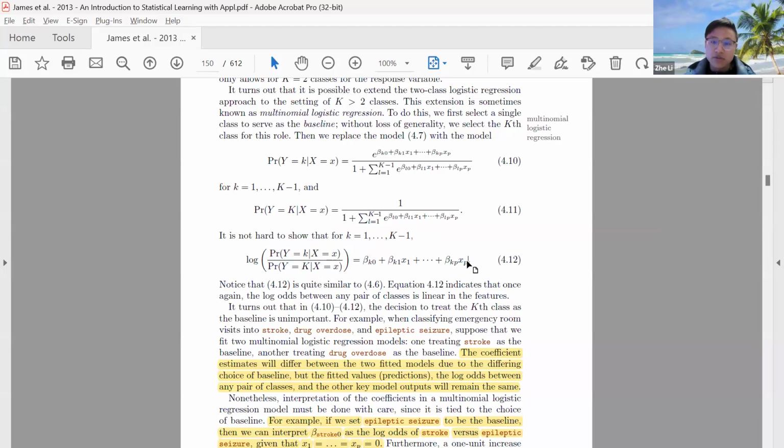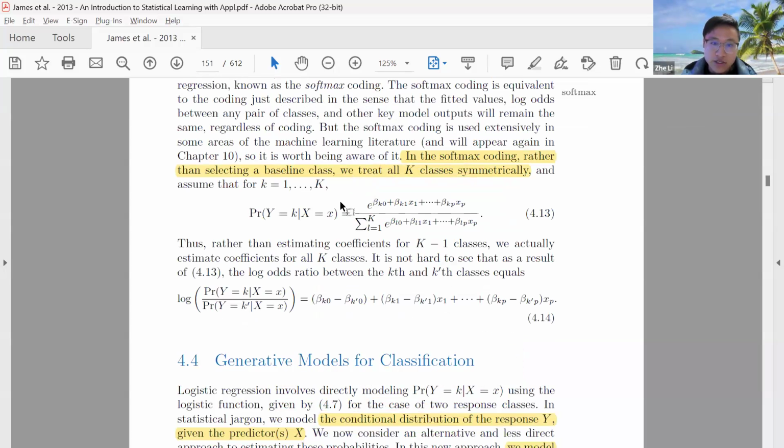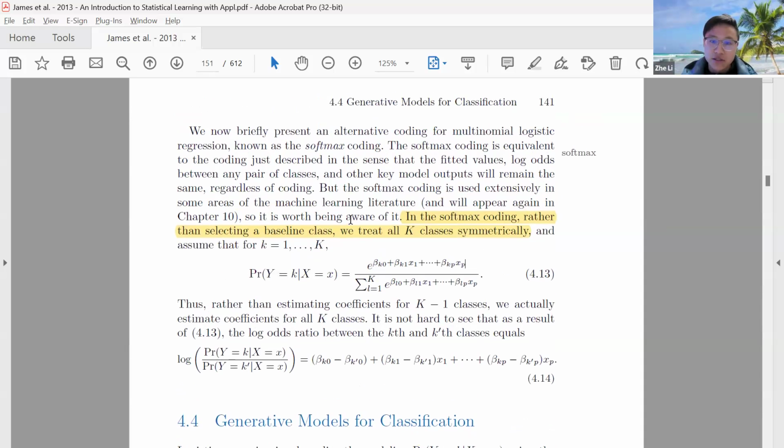This function is basically equal to the logistic function that we modeled before, and we have to prove that it is equal to 4.13, the softmax coding of this function.